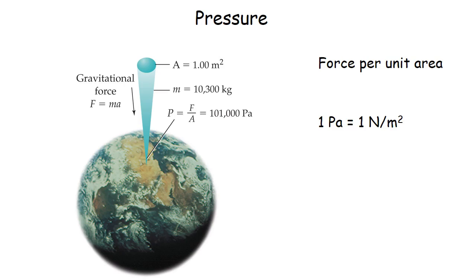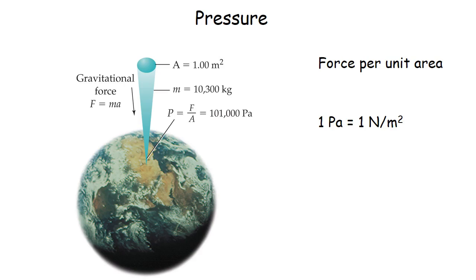If you take a 1 square meter area at sea level and you go straight up through the Earth's atmosphere, then all of the air in that column has a weight, a mass that pushes down. And because of gravity, the acceleration due to gravity, that exerts a force on the Earth. And so this results in what we would call atmospheric pressure.